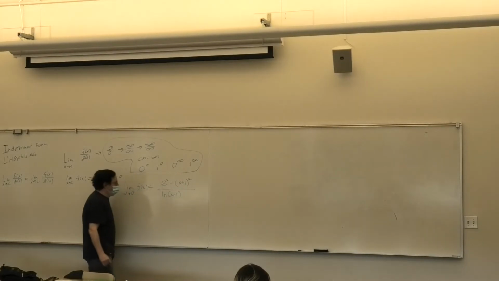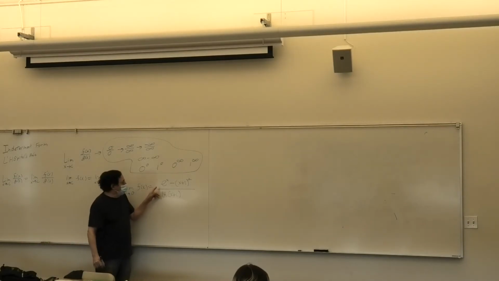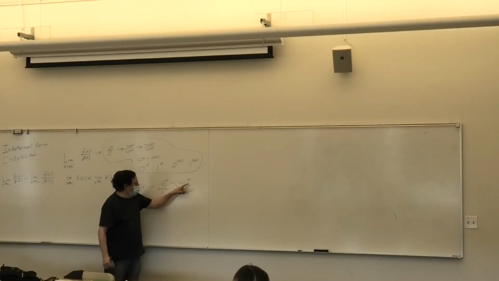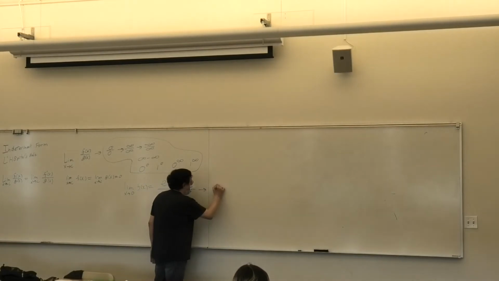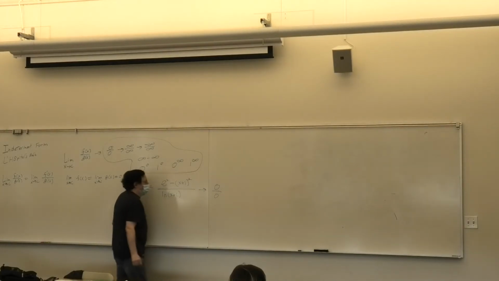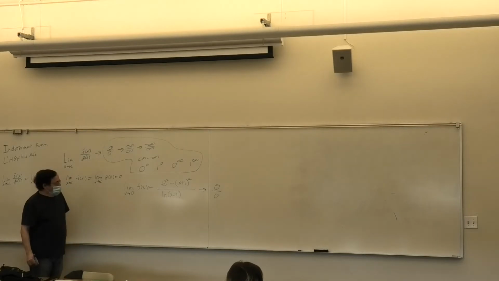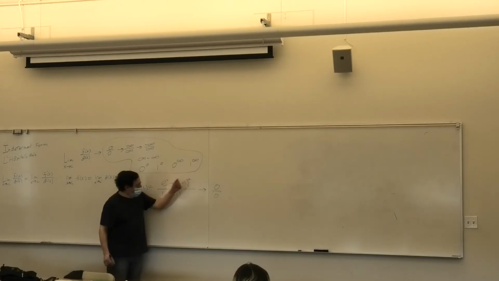Oh, that works. So we look at this and we see, well, okay, at 0, e to the x is 1. This is 1, so that's 0. And the log of 0 plus 1 is log of 1, which is 0. So now we want to know what this limit is. And L'Hopital says you can find the derivative here and the derivative here and reevaluate.